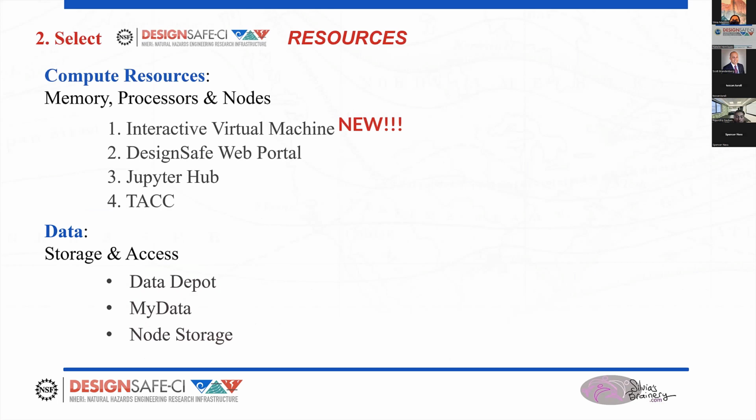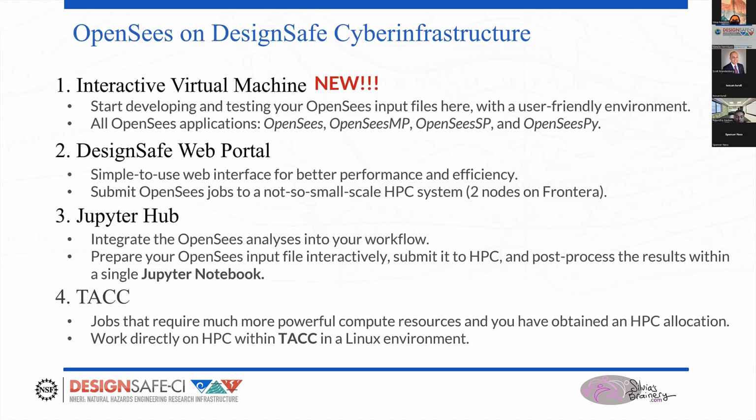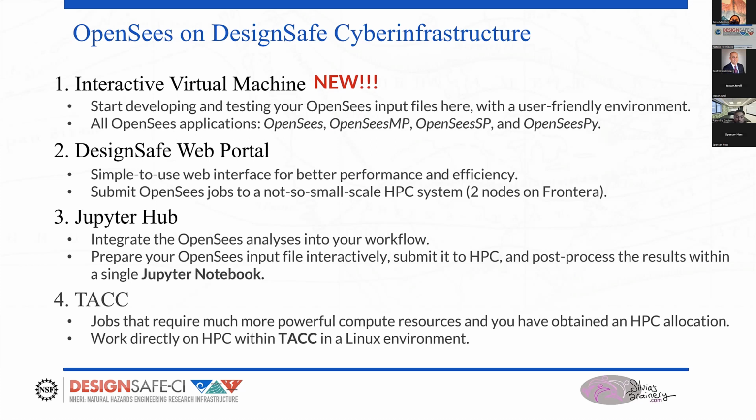Then the other resource, of course, is the compute resources. Now we're talking about processors and memory and nodes. And there are 4 different options that you have for running OpenSees on the DesignSafe cyberinfrastructure. I put a number to them because they are in sequential order, so you start with 1 and you work your way up and up, depending on your needs.